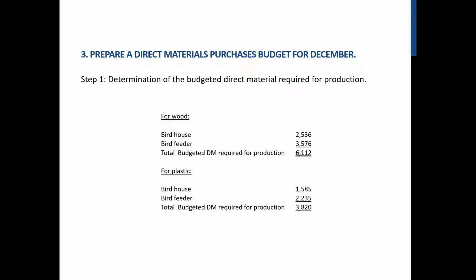So, to sum up the total budgeted DM required for production for both the birdhouse and the bird feeder for wood, it is 6,112. And for plastic, it's 3,820.